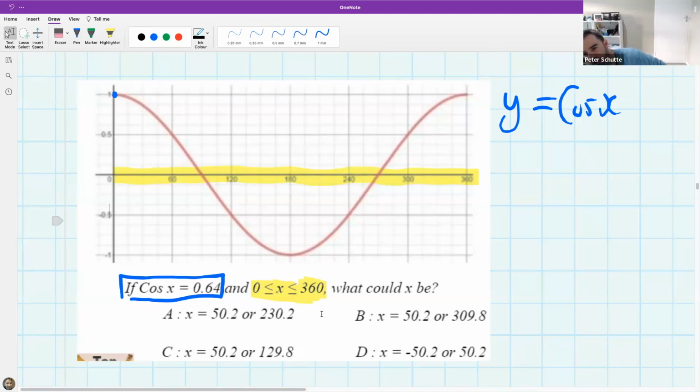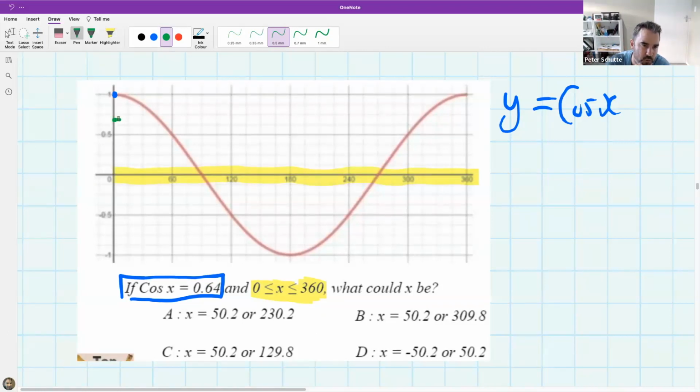And some of you who were in the last lesson, you can think of this as a trig equation, can't you? So you could use the visual approach, or you could use some of the methods you have. Now, cos x is the graph, 0.64. Where would that be? That's a y value. So here's 0.45, 0.6.